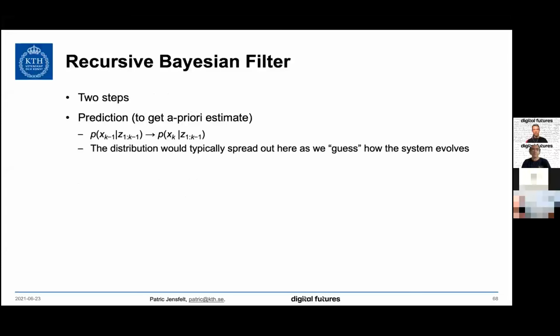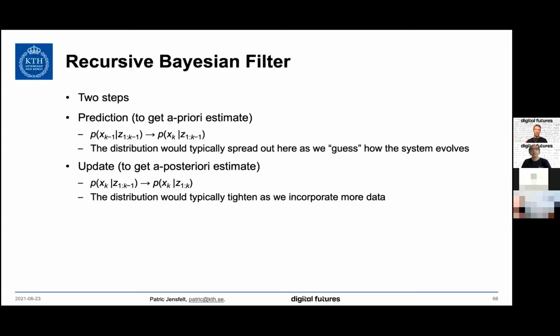We make a prediction, not incorporating new data, but just predicting how it would change. And this is where we use the transition function. This would typically make the distribution spread out. And then we have the update step where we incorporate new information, so we add the kth data point.